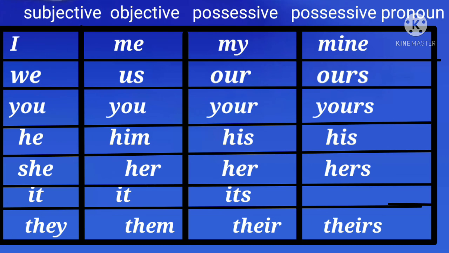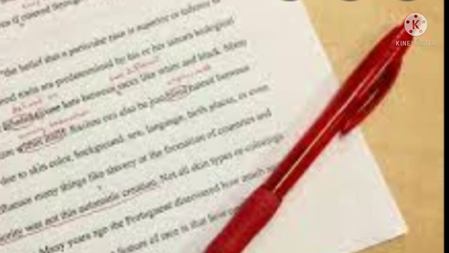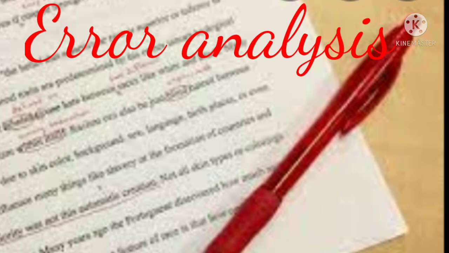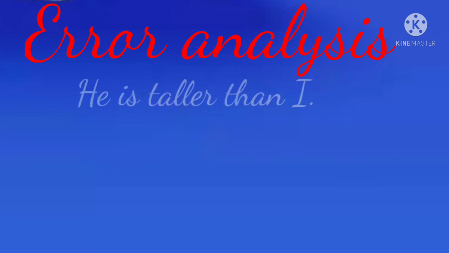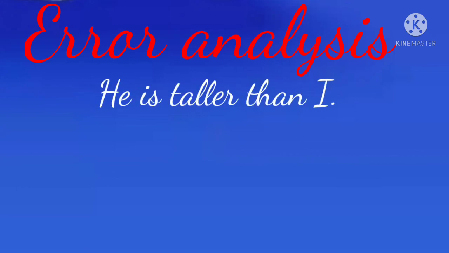Now, let us do some exercises in error analysis. I will give you a few sentences and you have to rewrite them according to modern usage. The first one is, he is taller than I. Formerly, it was the correct form.